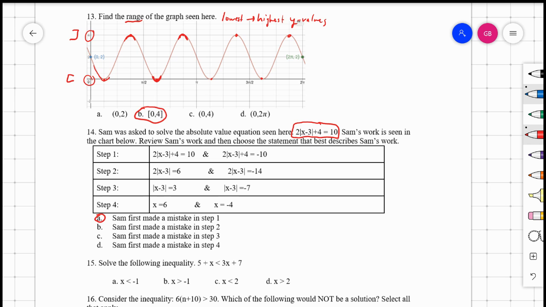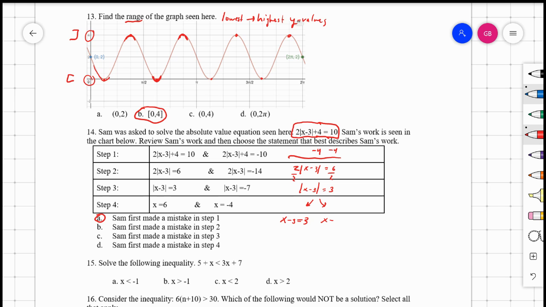Here's the way you should do it. You should first subtract 4 on both sides, and then divide by 2, and then split it. You split it once the absolute value is by itself.